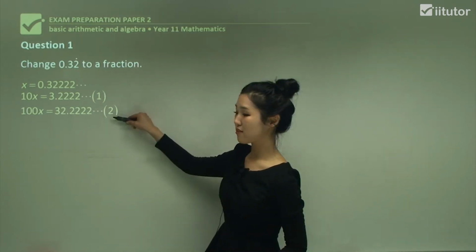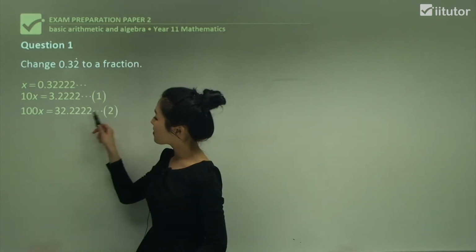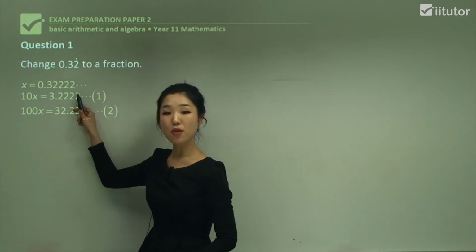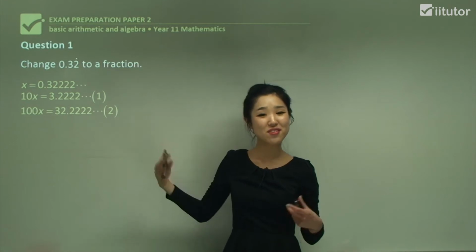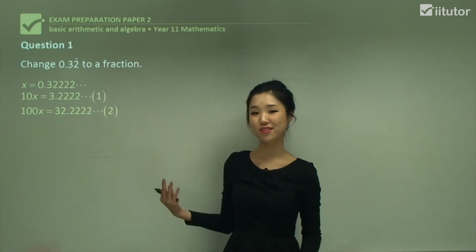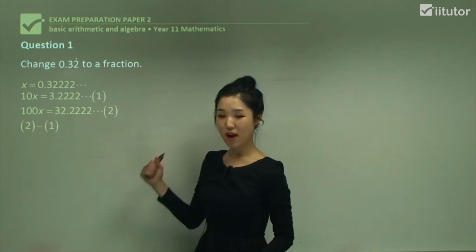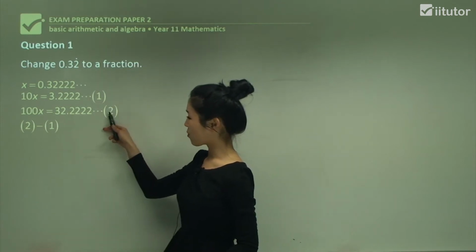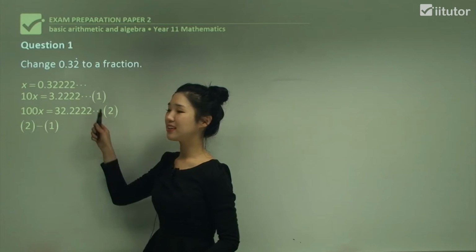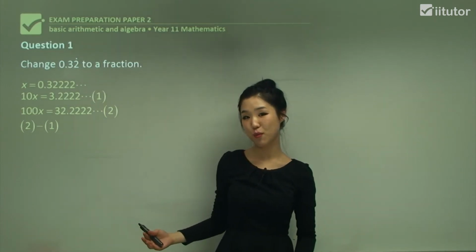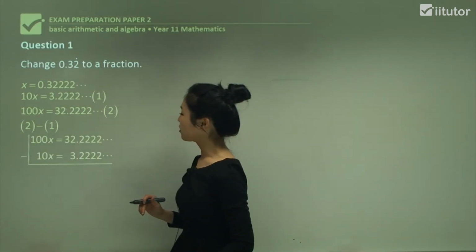You can see that after the decimal point, both of them have 22222. They have the same numbers after the decimal point, which is good because if I subtract the first one from the second one, I will be able to eliminate all the numbers after the decimal point. So that will look like this.